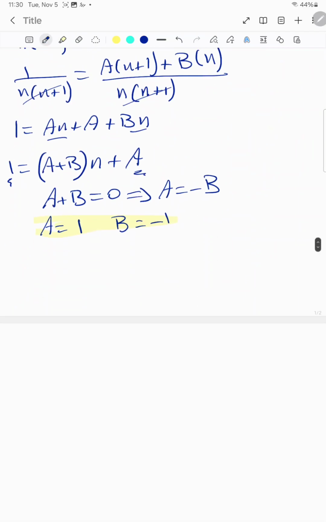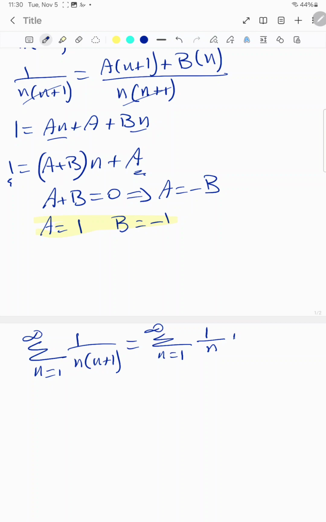So now I can write the sum of n equal 1 to infinity of 1 divided by n times n plus 1 is equal to the sum n equal 1 to infinity of a, which is 1 divided by n, minus 1 divided by n plus 1, because b is equal to minus 1.